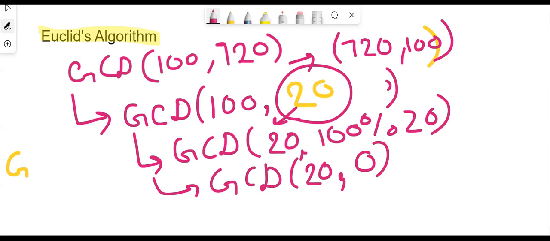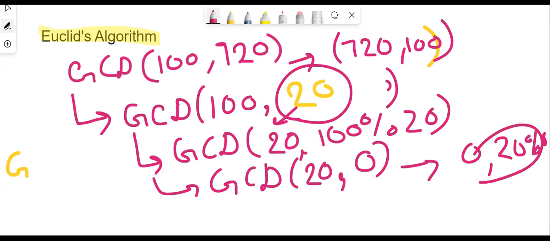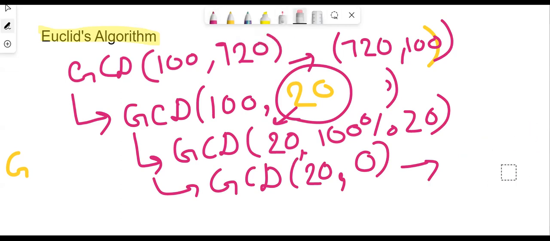If we consider this as one more step, it will be 20 modulus 0. Can we divide any number by 0? No, it's not possible. So that's why we are ending the process here. So this is not of any use.